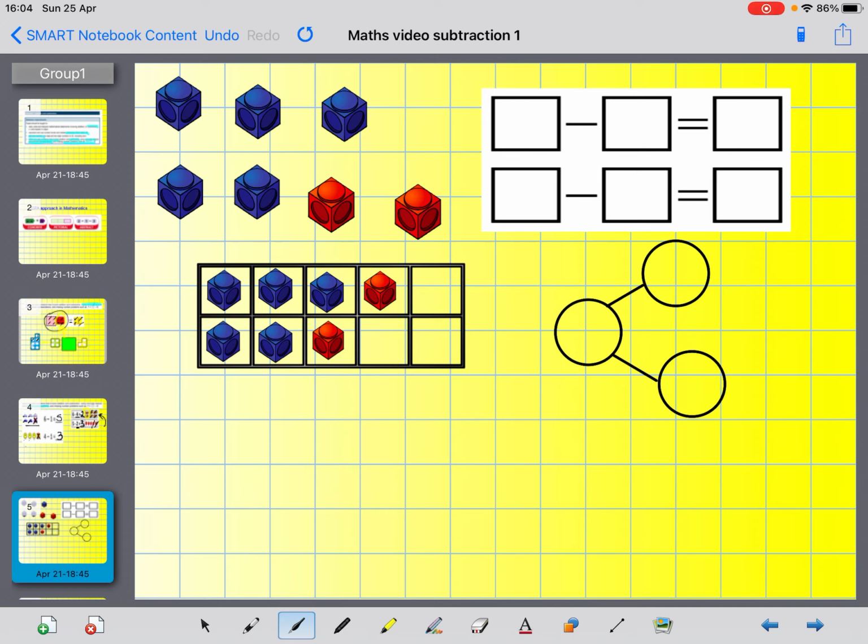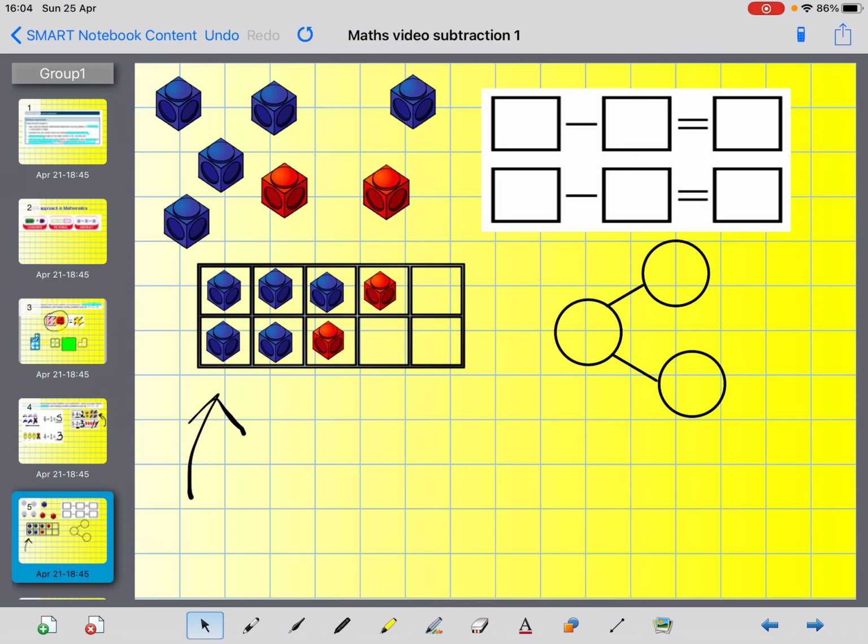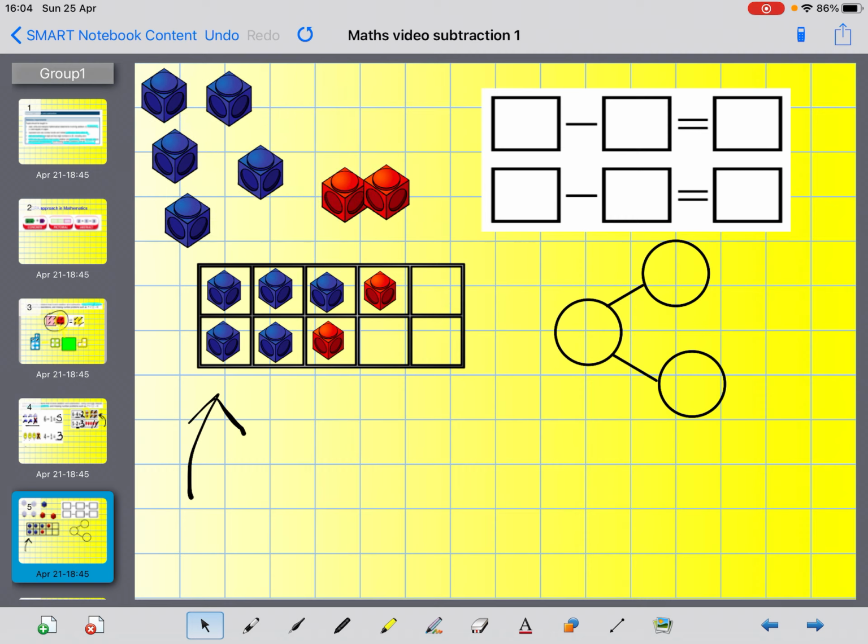Let's look at the next slide over here. I can use different methods to answer the subtraction problems. Let's look at the 10 frame, for example, here. I've also got my concrete, so I can move my cubes away, and I can see there are 5 blue cubes and 2 red cubes, and on my 10 frame I've also got 5 blue cubes and 2 red ones.